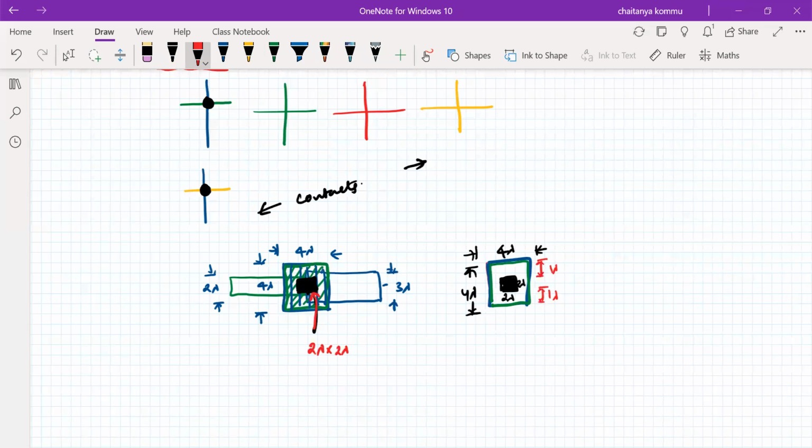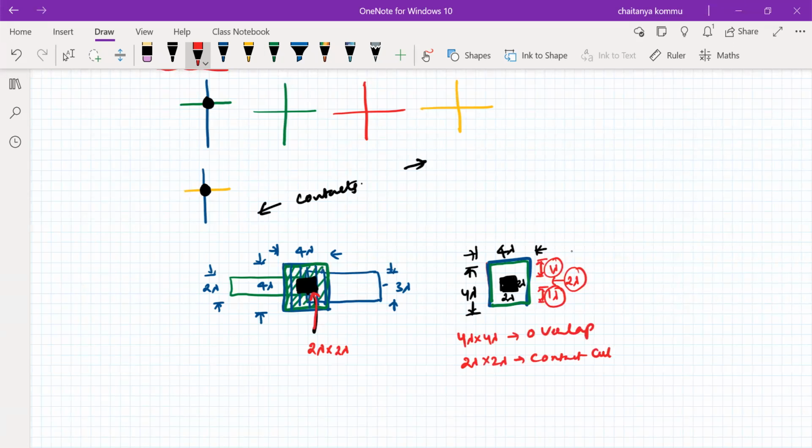At the bottom, 2 lambda. That is total 4 lambda. So therefore 1 lambda, 2 lambda, 1 lambda. Total is 4. So the contact cut size is 2 lambda by 2 lambda. Overlap size is 4 lambda by 4 lambda for overlap, and 2 lambda by 2 lambda for contact. This is called contact cut.